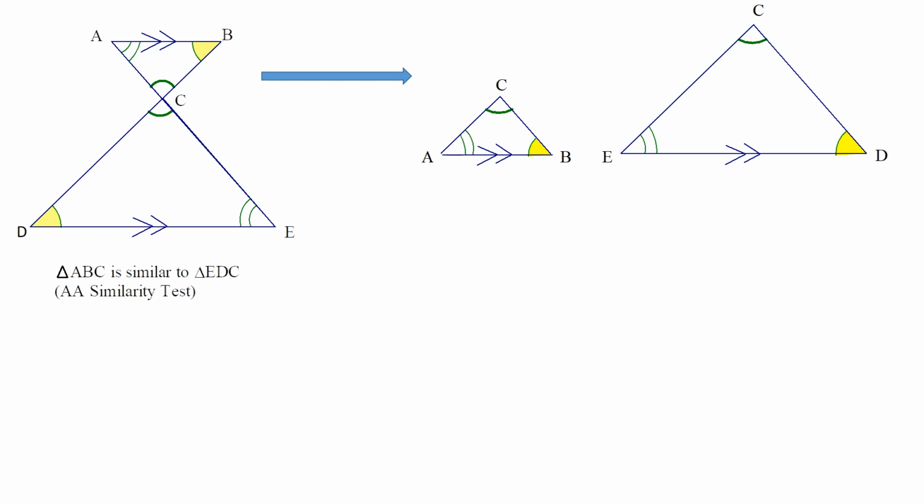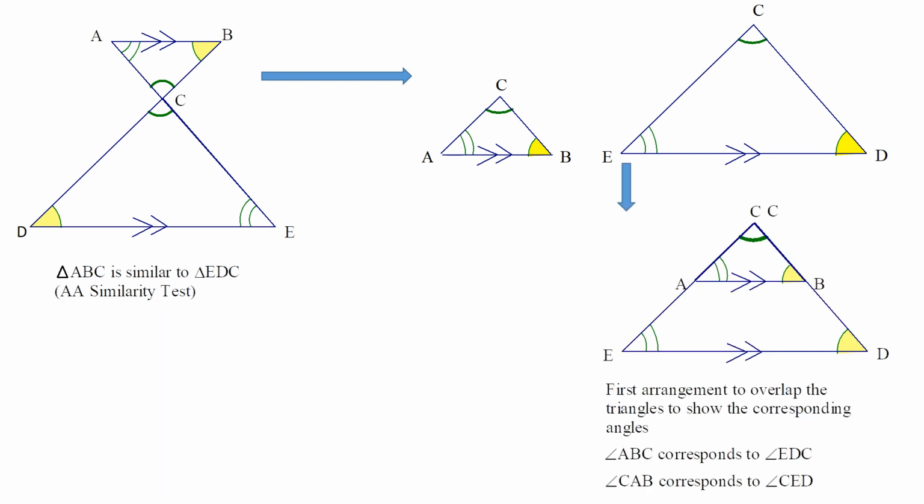Okay, so the next diagram I'm going to show you is I'm going to overlap these two triangles. Right, so when I overlap them, then AB being parallel to ED, you can see from the diagram that CAB corresponds to CED. That's why they're called corresponding angles.